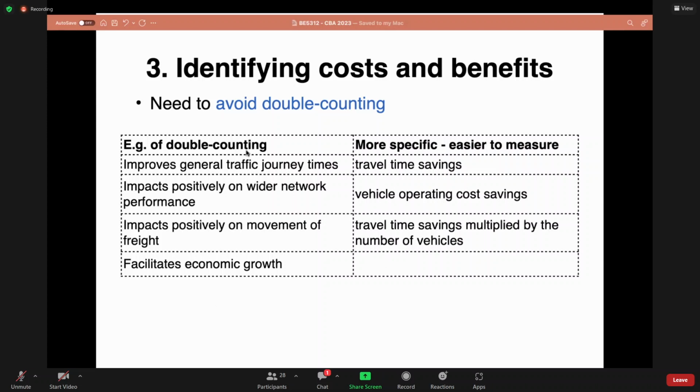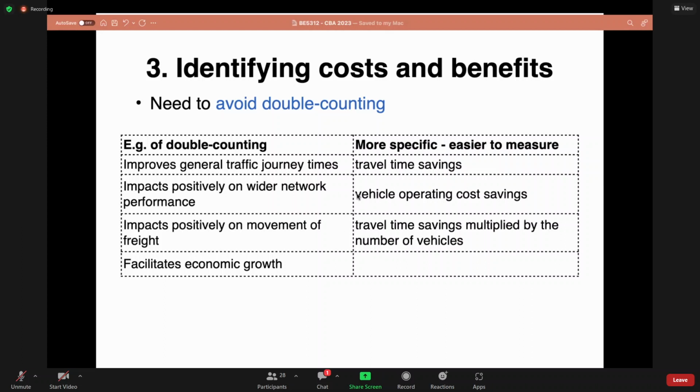If you look at the left-hand side here, say in a highway construction project, you identify a benefit as improving general traffic journey times. That's very vague. You can make it more specific. So when you're identifying costs and benefits, be specific and as easy to measure as possible.